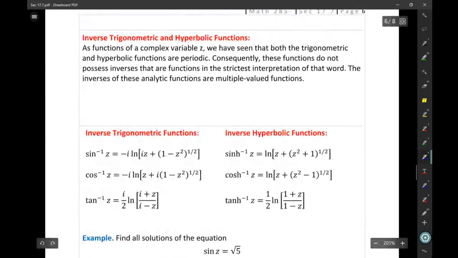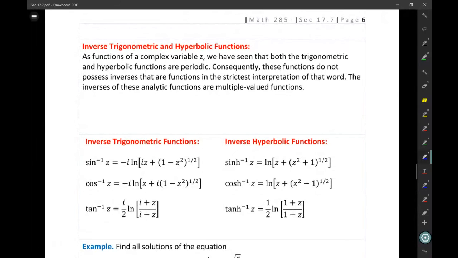طيب الآن الساين and cosine, sinh and cos, all of these functions are periodic functions. الآن when we would like to create an inverse function, these functions do not possess inverse that are function in the strictest interpretation of that word.